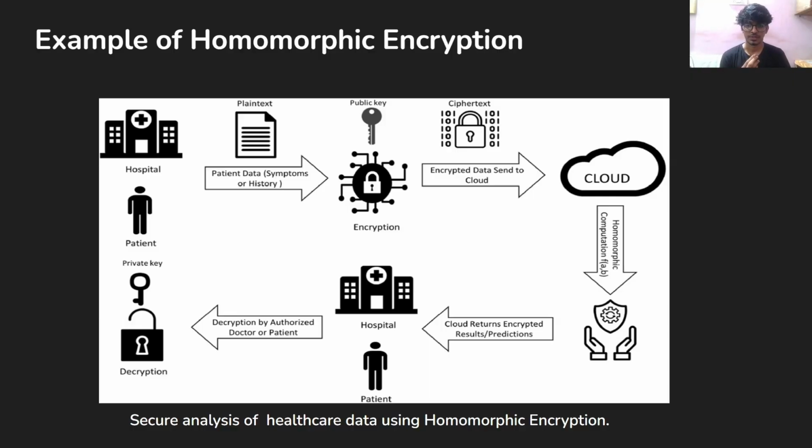Throughout this process, the actual data of the patient is not visible to the third-party cloud service provider, which was our ultimate aim. So this is a practical use case of homomorphic encryption in real life.